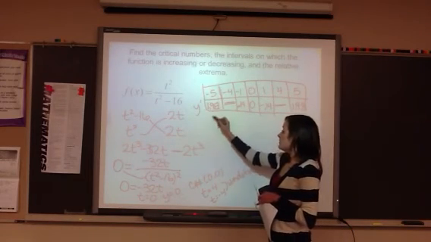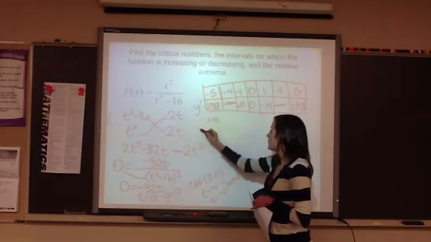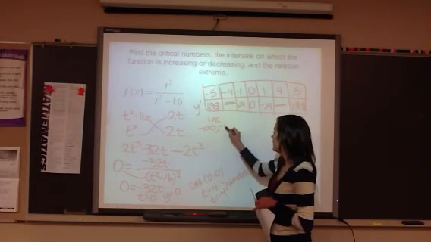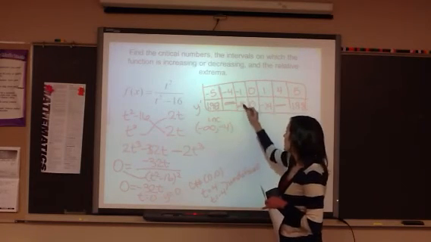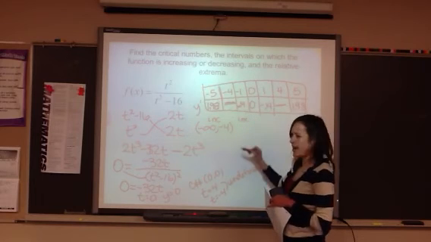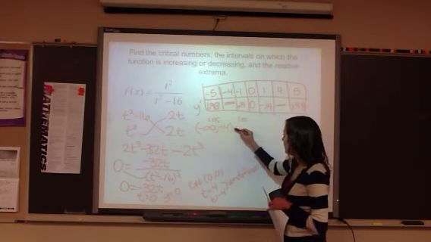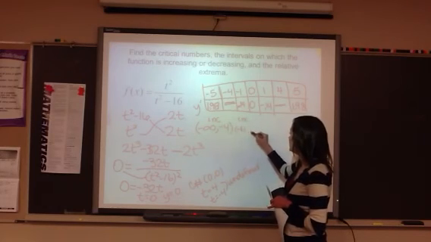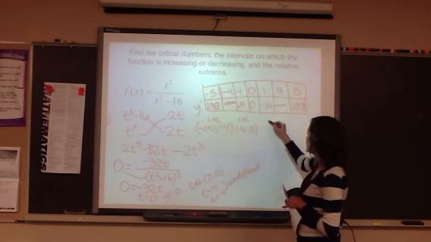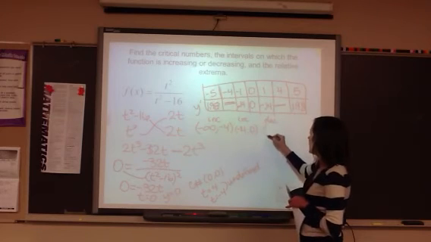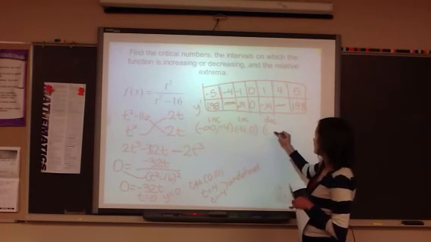So here it's positive, so we're increasing from -infinity to -4. Here we are increasing again from -4 to 0. We decrease, because it's negative, from 0 to 4.